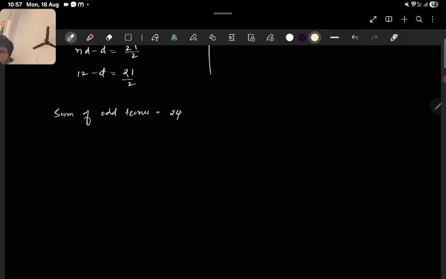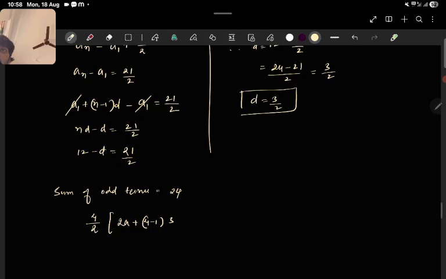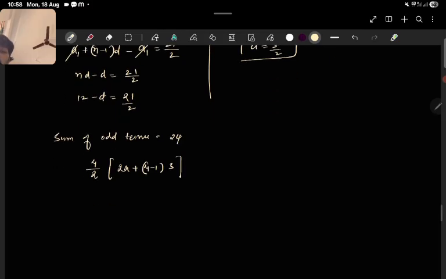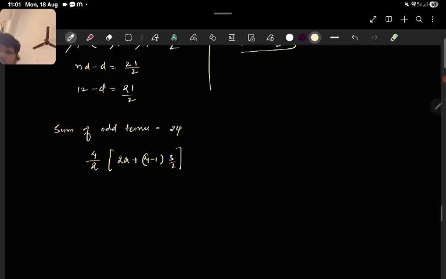If n is equal to 8, the odd terms will be 4 by 2 times 2a plus 4 minus 1 into d, where d is 3 by 2. So the sum of odd terms is equal to 24.